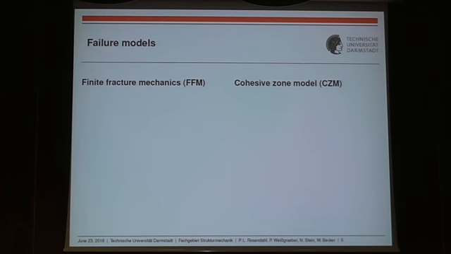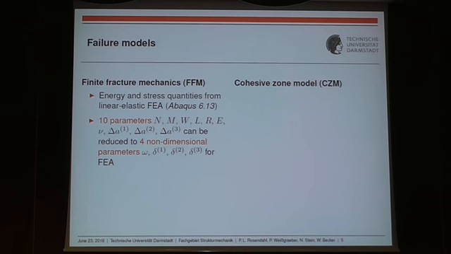The 2 models we used to examine the failure of this structure are a finite fracture mechanics approach and a cohesive zone model. For the finite fracture mechanics approach, we can obtain the stress and energy quantities we need for the coupled criterion using linear elastic finite element analysis.